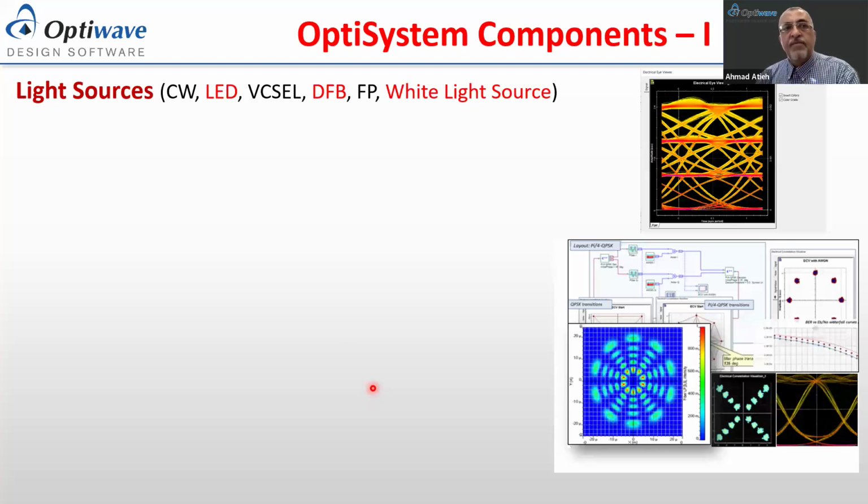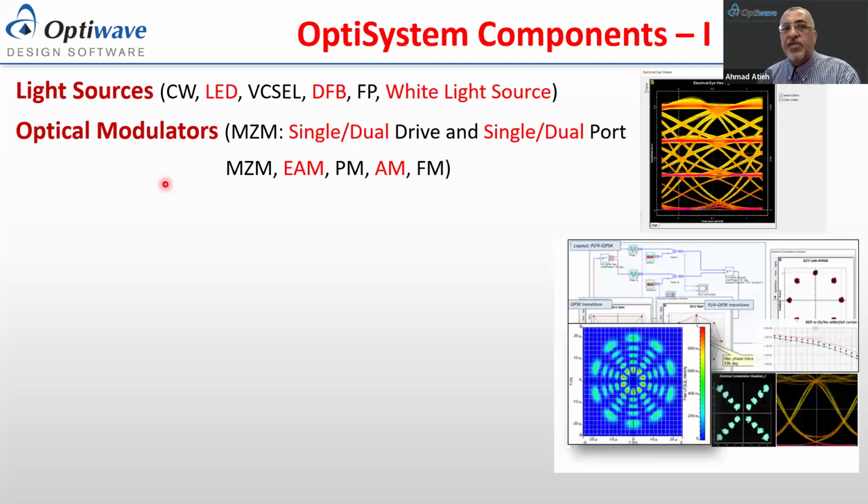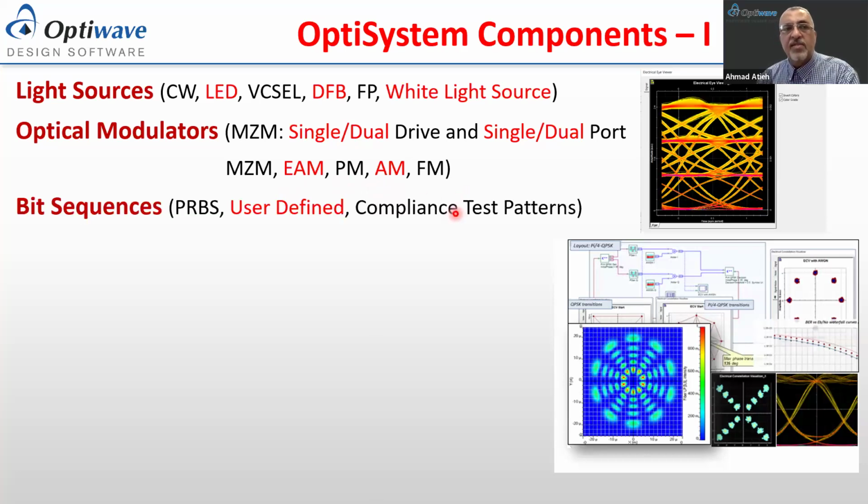This includes sources, such as CW continuous wave lasers, LEDs, VCSELs, DFB lasers, Fabry-Perot lasers, and white light sources. There are different types of modulators: Mach-Zehnder modulators with single drive or dual drive, single port or dual ports, and different electro-absorption modulators, as well as phase modulators, amplitude modulators, and frequency modulators.